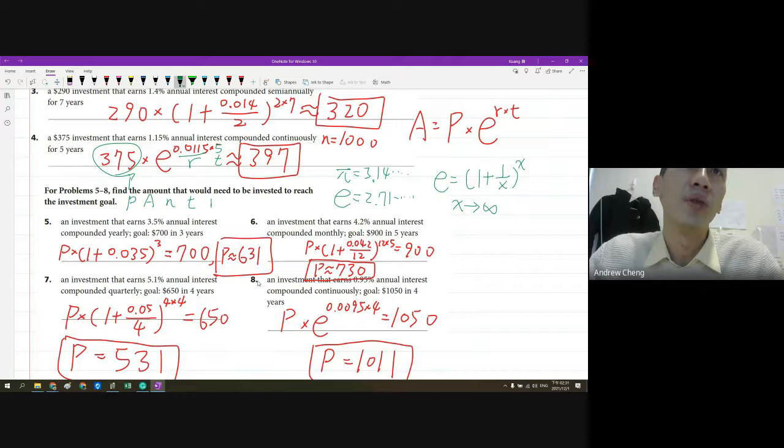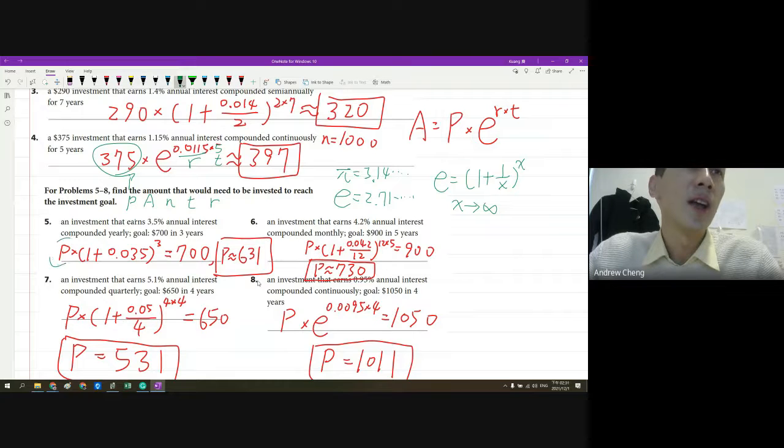We have the annual interest R. For questions 1 to 4, they give you the principal, how many times per year, how many years, and the annual interest, and you need to find the final money, found A. For questions 5 to 8, they give you A, N, T, R, and you have to find P, right?